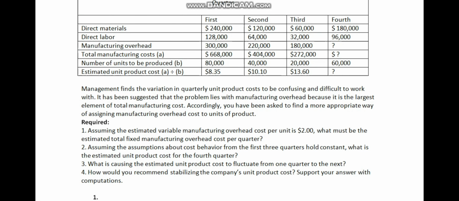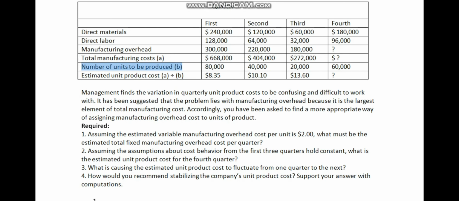Now the next information is variable cost. It was mentioned in the question. That is $2. I'm going to add this value. The next is units produced. This again I'm going to use from quarter 1.